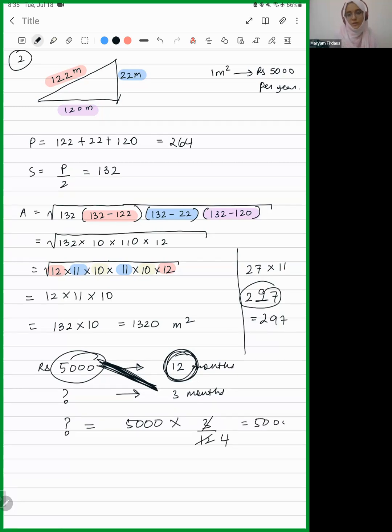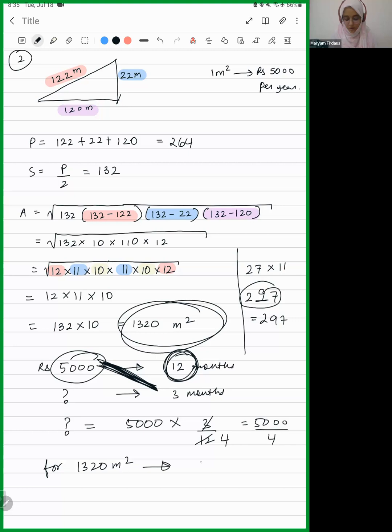This 5,000 by 4 is the amount per meter square. Here you have 1320 meter square. So for 1320 meter square, the amount is going to be rupees 5,000 by 4 multiplied by 1320. Okay, this you have to calculate.